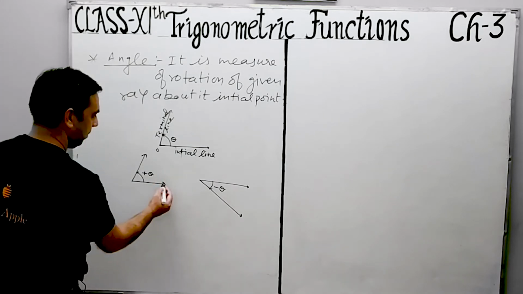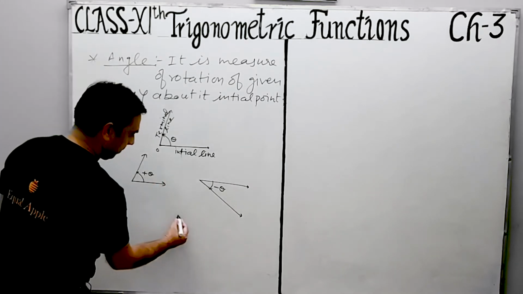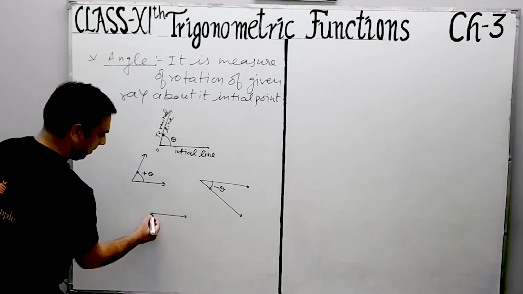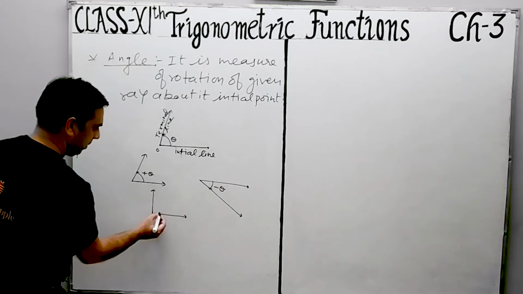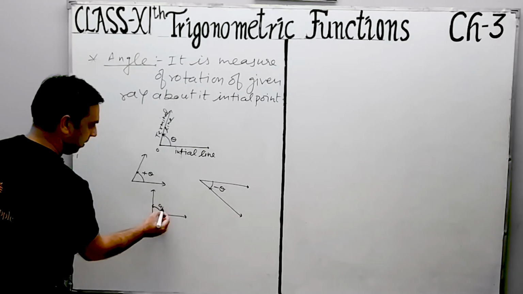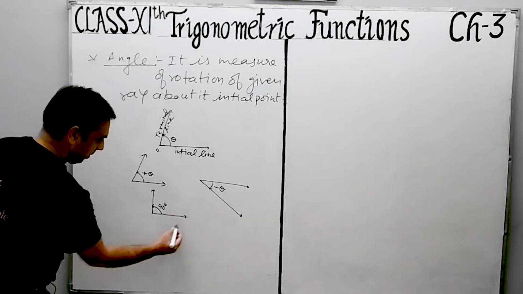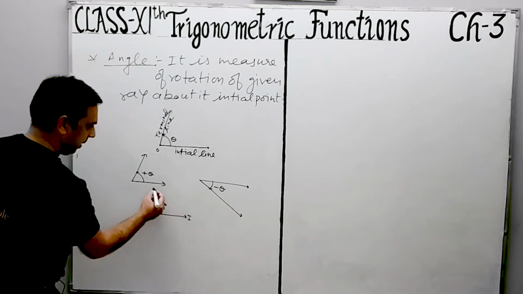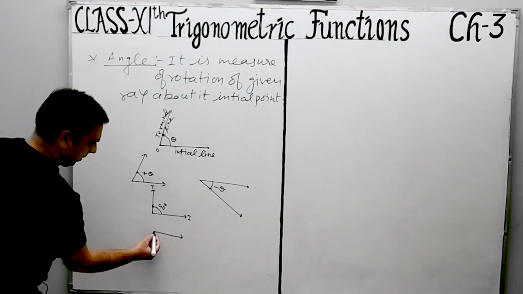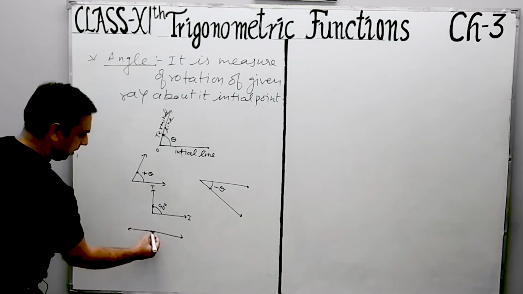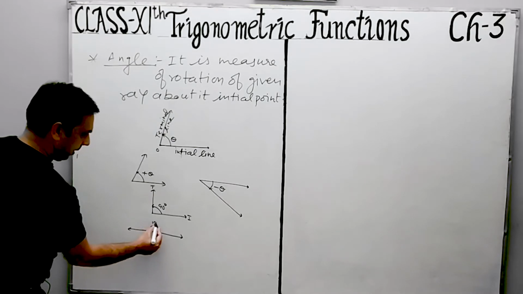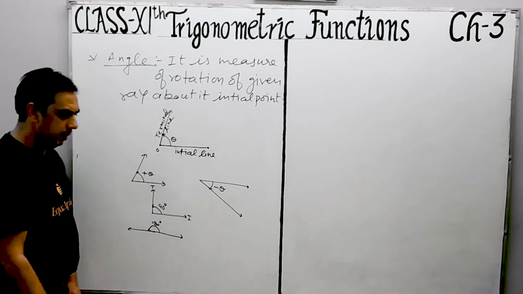So here we can see, if we have the initial line this and this is our terminal line, if it rotates anti-clockwise, the angle is 90 degree. If the movement is anti-clockwise from this initial line to this terminal line, the angle will be 180 degree.